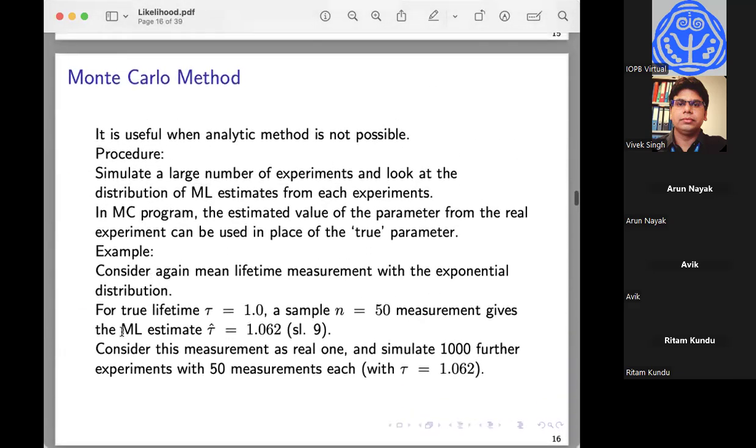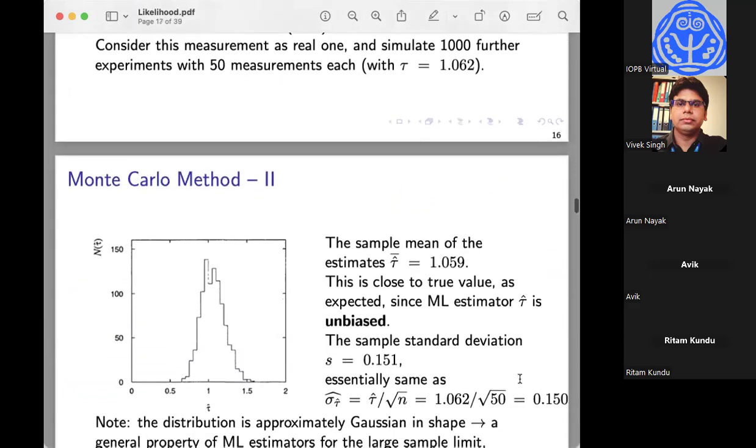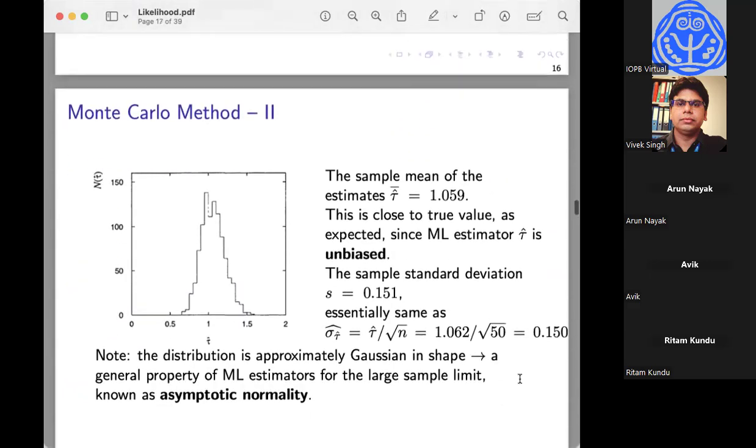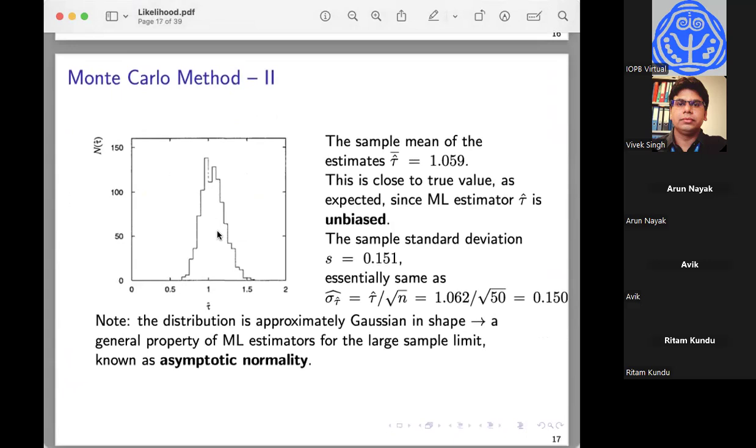From this slide, the ML estimate that you got is, say, 1.062 from the 50 observations. You use this 1.062 to generate 1,000 further experiments, each having 50 measurements, and from those 1,000 experiments, you estimate tau hat again for each of them and look at the distribution. This is the mean of that distribution, the mean of tau hats, which is very close to the tau hat itself.